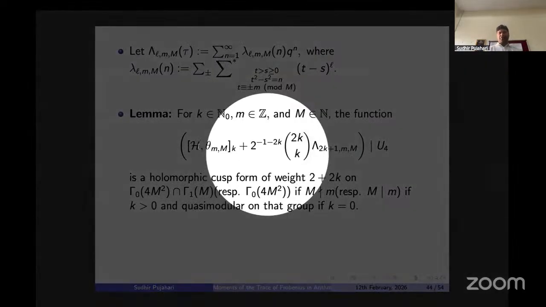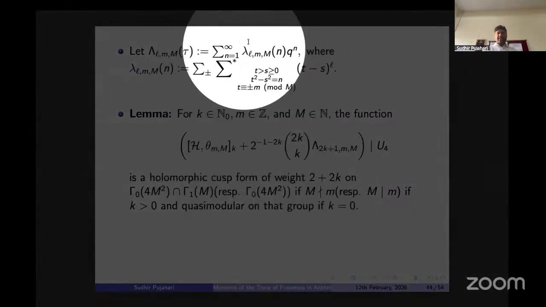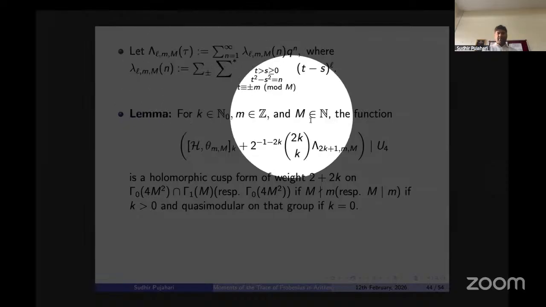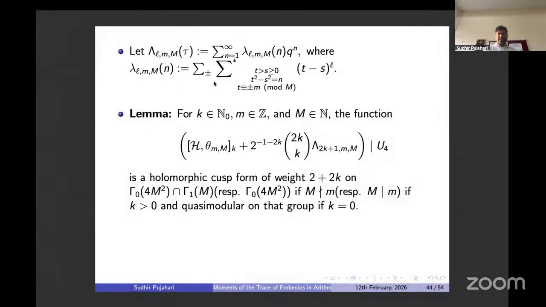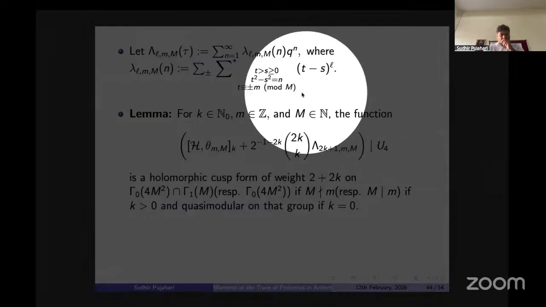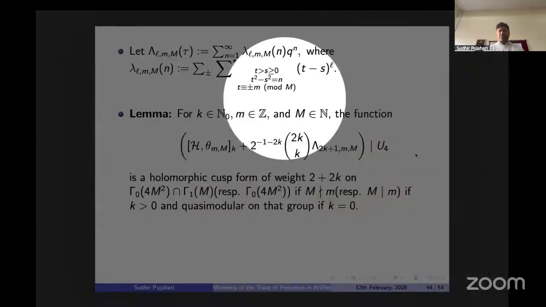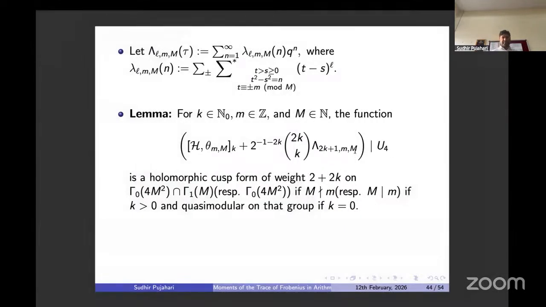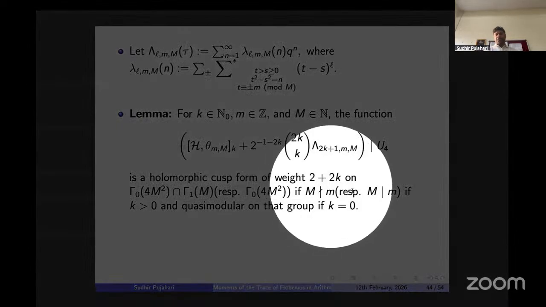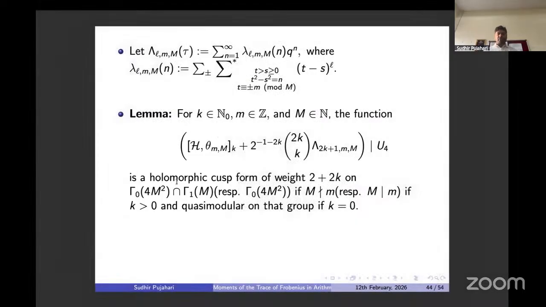If we add this quantity, where lambda is basically the generating function of the small lambda, and small lambda is this quantity, the summation minus s to the power L, and if you hit this quantity with the U operator, we should show this is a holomorphic cusp form of weight 2 plus 2k on the congruence subgroup gamma 0 of 4m squared intersection gamma 1 of m. And if kappa equals 0, this is a quasi-modular form.